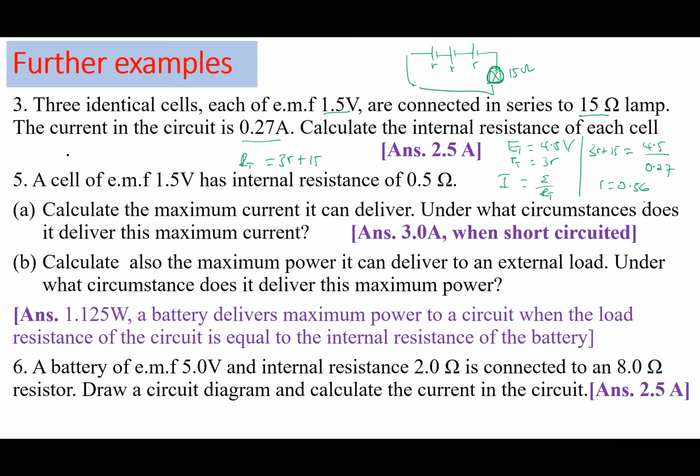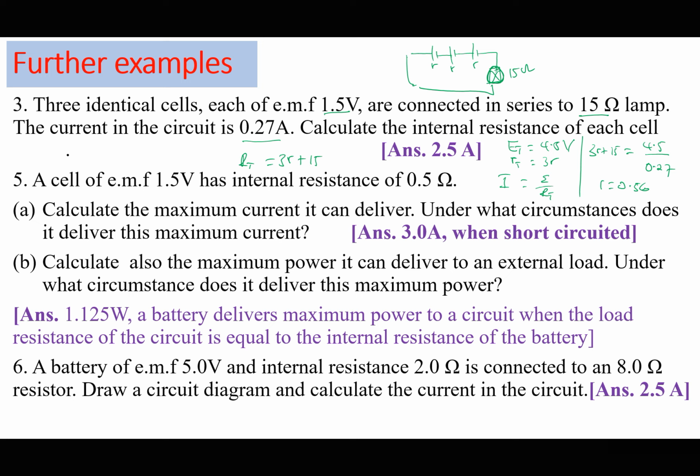So current equals the EMF, which is 4.5, divided by total resistance, which is 3R plus 15. So 4.5 divided by 0.27, that is 16.7, minus 15. Then divide by 3.